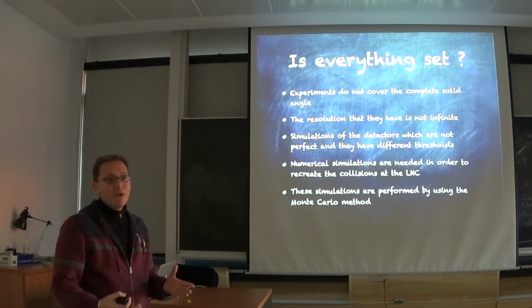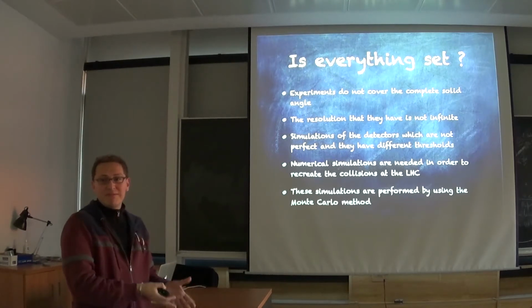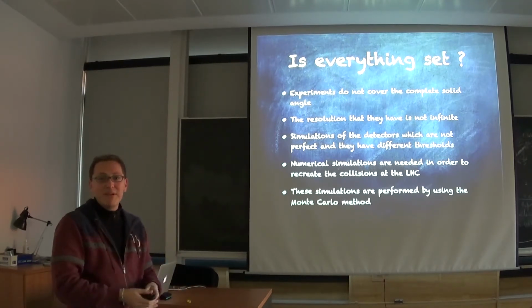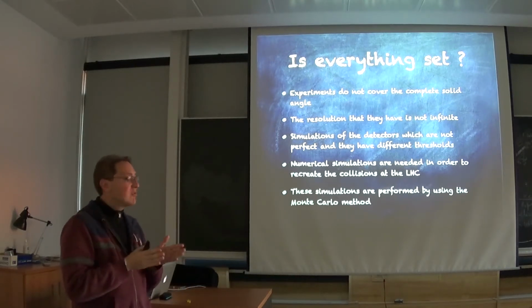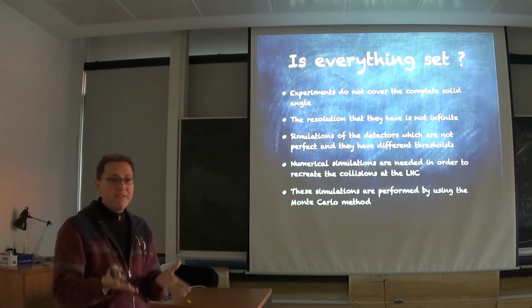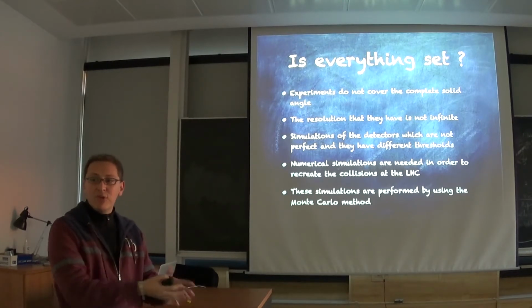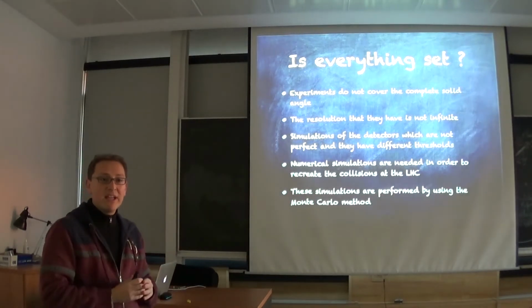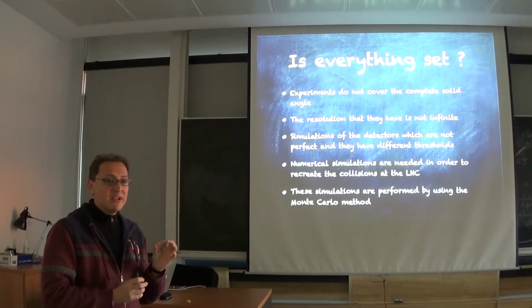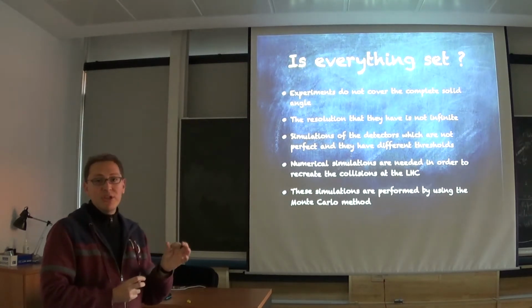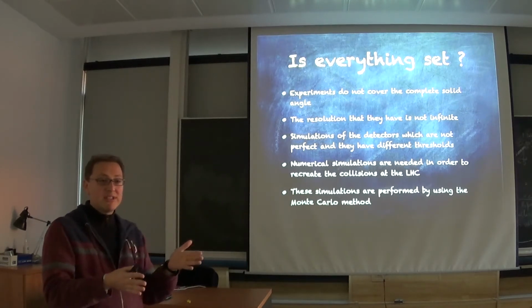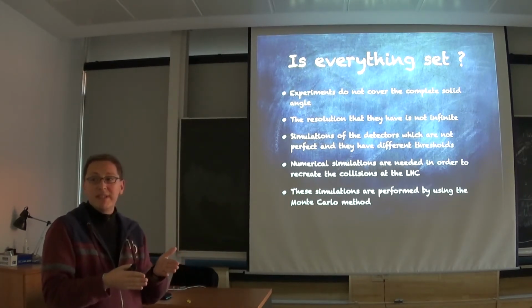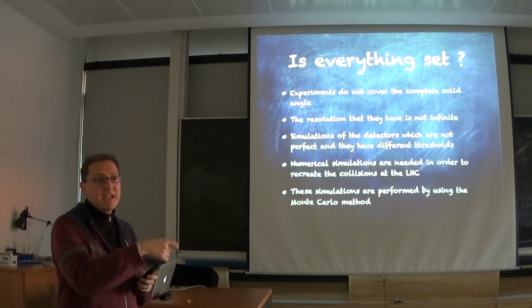So all the integrals that you find in the books, with pi or whatever, cannot be taken in directly. Let's say that if you have a perfect detector, then you can use all the formulas, and then you find the cross-section. But here, the experiments are not going to give you the cross-section. They are going to give you the distribution, because they apply some cuts, and they count the number of events, and they just make a histogram.